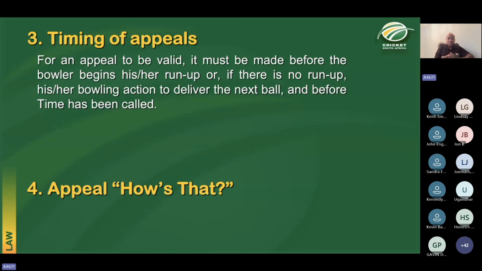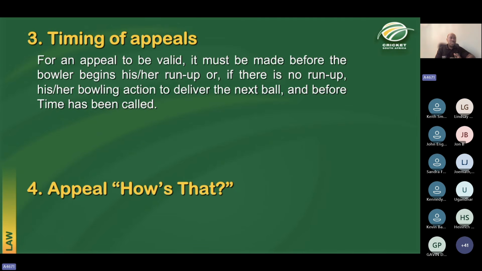It is the end of the over. So me as the bowler's end umpire, I'm waiting for an appeal. Law tells me that I cannot give this batter out if there's no appeal. There is no appeal, so I call over.